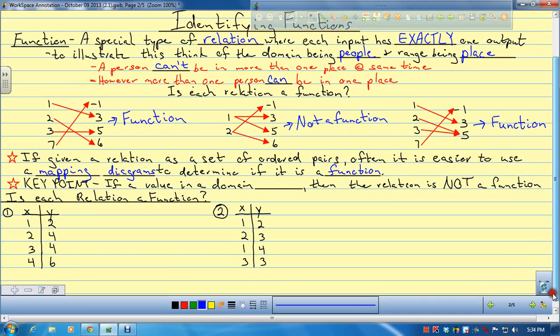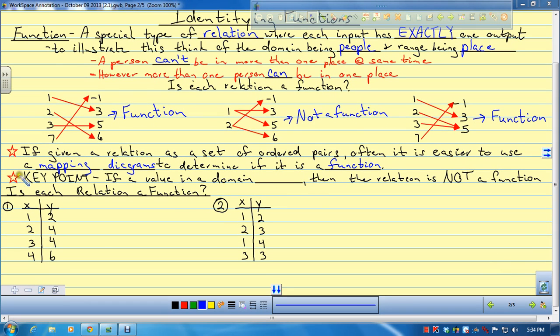Okay, got ourselves a key point here. I want you to really note this, because this will help you out. If a value in a domain repeats, so if one of my x values repeats, then that relation will not be a function.